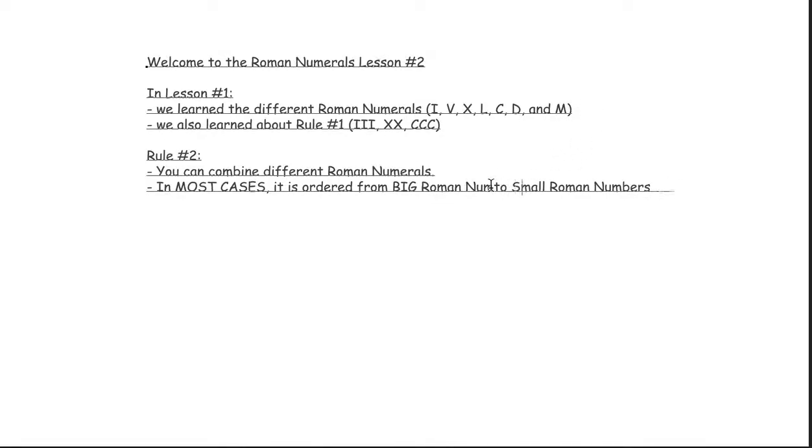Now what do we mean by big? When I say big, I mean M, D, C in that order. So you'll always see that, right? And this order, when the number is written out, you'll see it from left to right. Now we'll see an example so we can clarify what we mean by this. What is the value of such a number?